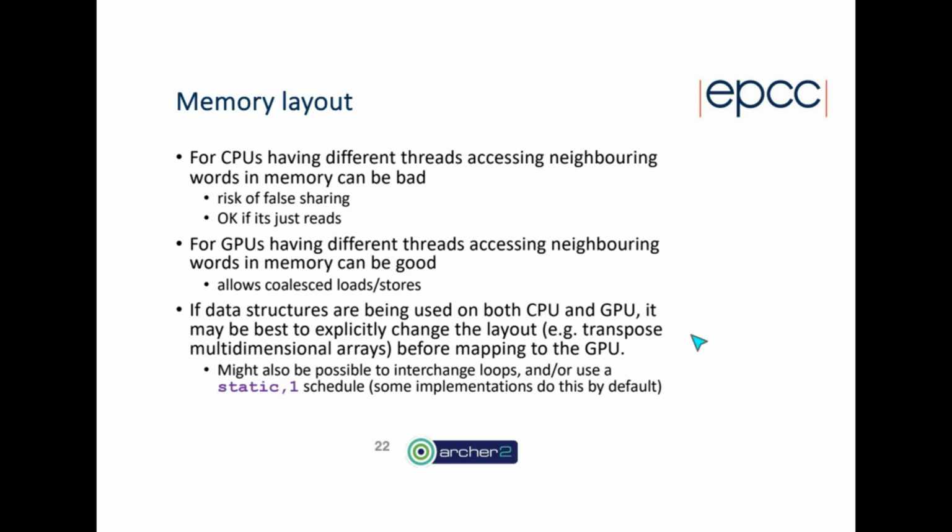So you might need to transpose your multidimensional arrays before mapping them to the GPU, or you might be able to take care of this problem by interchanging the loops, or making sure that on the GPU you always use a static one schedule, so that neighboring loop iterations are executed by different threads.